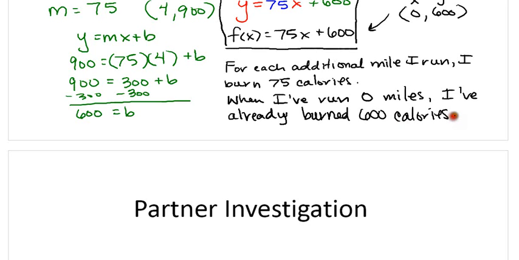And this might be due to the fact that you walked to where you're going to run, or let's say you did some push-ups before you started running, or whatever. For whatever reason, you'd already burned 600 calories before you started running.